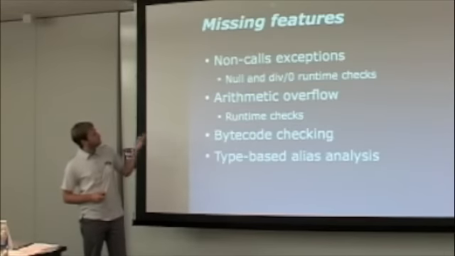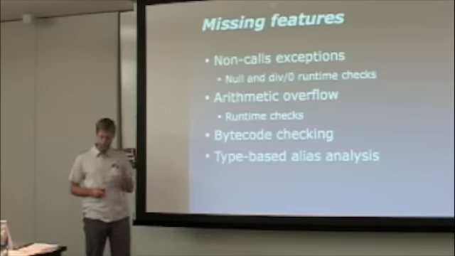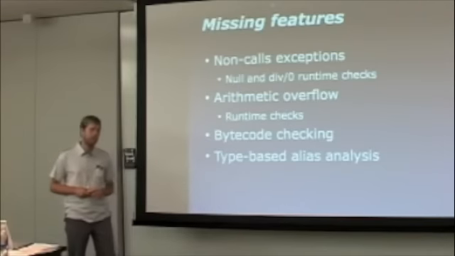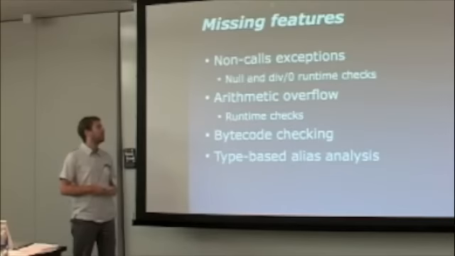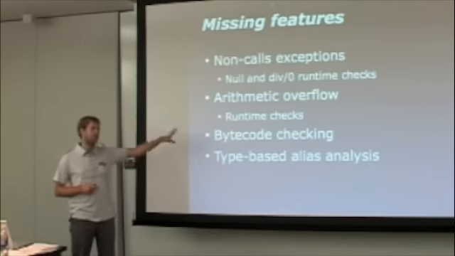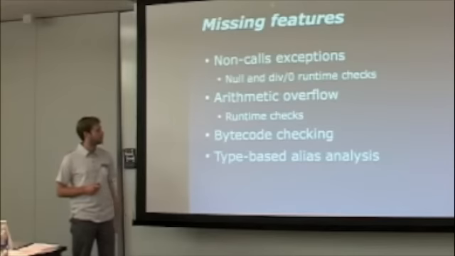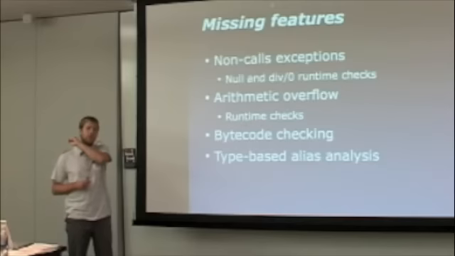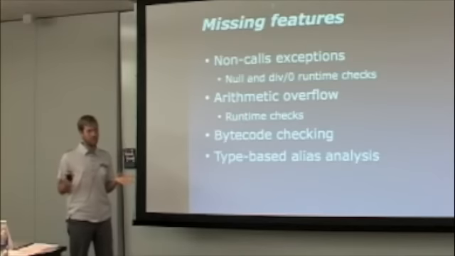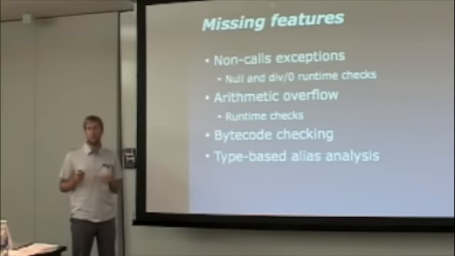There's also arithmetic overflow. In .NET, you have bytecodes which raise an exception if there's an arithmetic overflow. There's no such thing in LLVM, so you do runtime checks and you complicate the control flow. That's bad too. You cannot do bytecode checking. When you go from JVM to LLVM IR, you lose the high-level types. So on the LLVM IR, you cannot do bytecode checking for type safety.